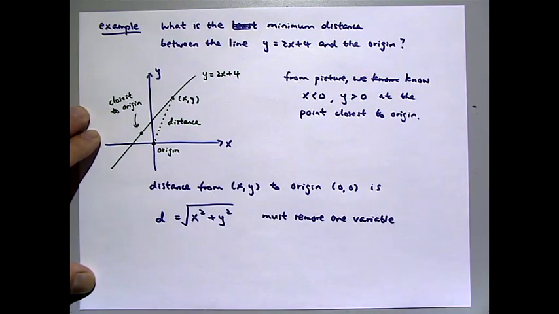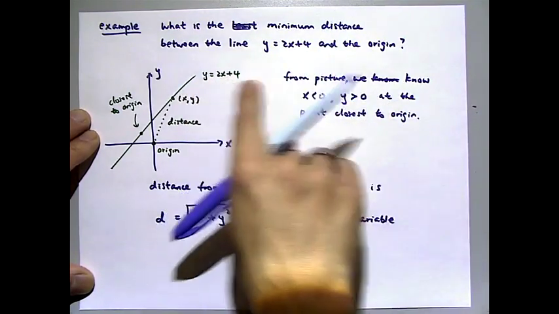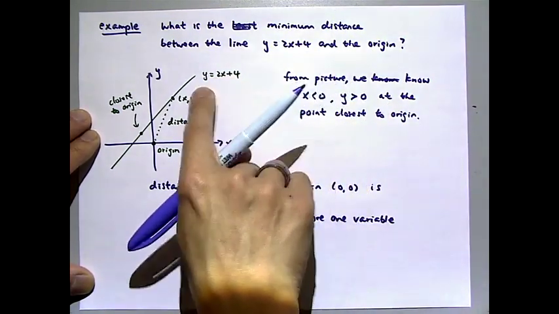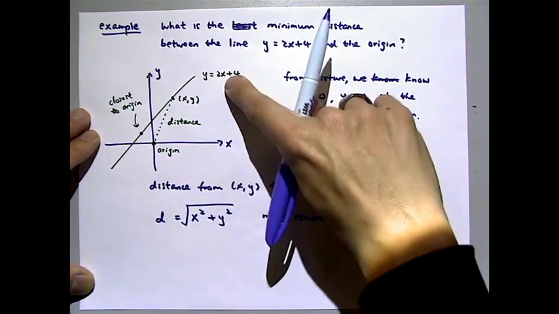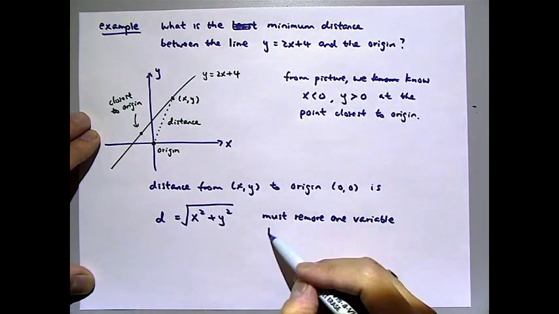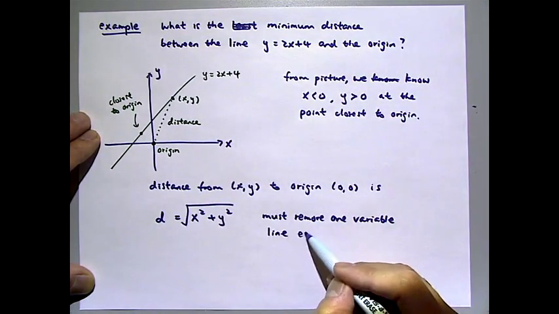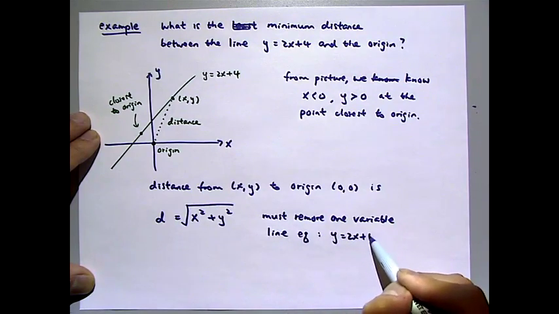For this one, just use the line equation. The line equation tells you whatever an x and y are, whatever they are, they must satisfy this. In other words, if you tell me what x is, that equation tells me y. So that's what we can use. The line equation says y is equal to 2x plus 4.